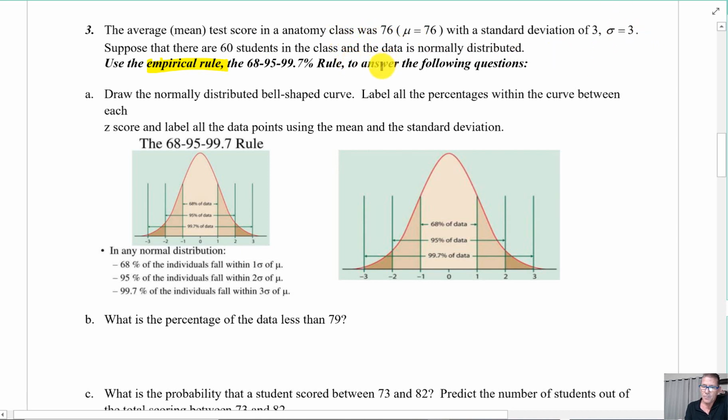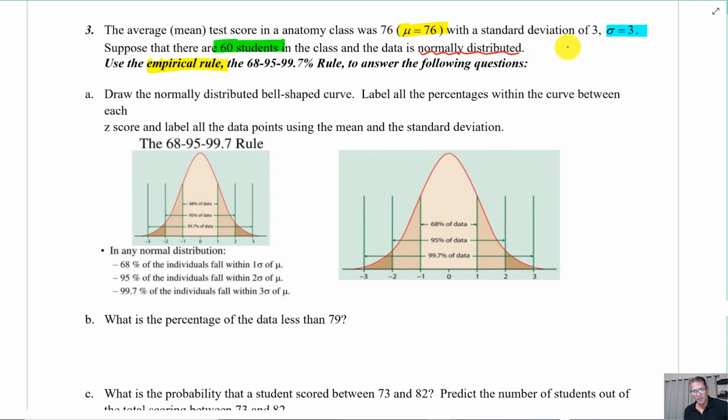Okay, so the mean is 76. We've got a standard deviation of 3. And then over here, we know that there are 60 students in the class, and it's normally distributed. Okay, that's important to know. So use the empirical rule to answer the following questions.